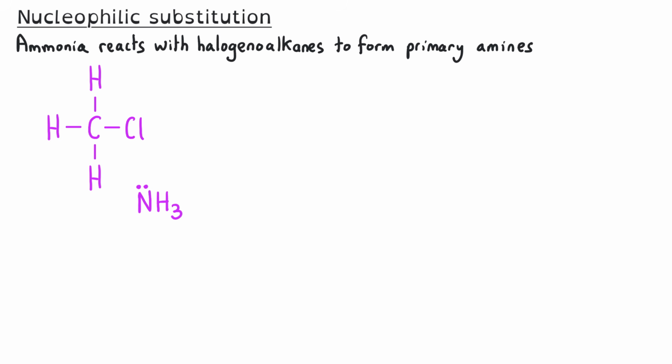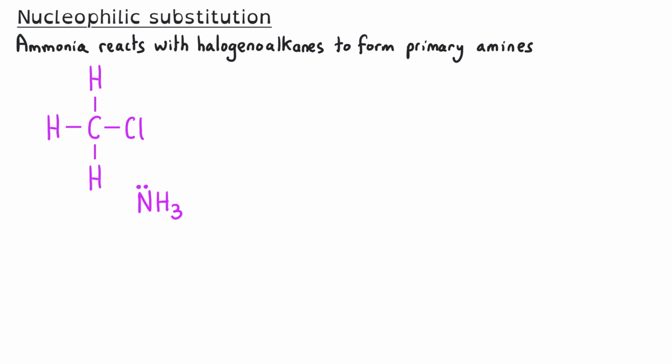This reaction happens because of the polar bond in the halogenoalkane. Since chlorine is more electronegative than carbon, the electrons in the covalent bond are pulled closer to the chlorine atom, which makes the carbon atom electron deficient, and so it is attacked by the ammonia nucleophile.